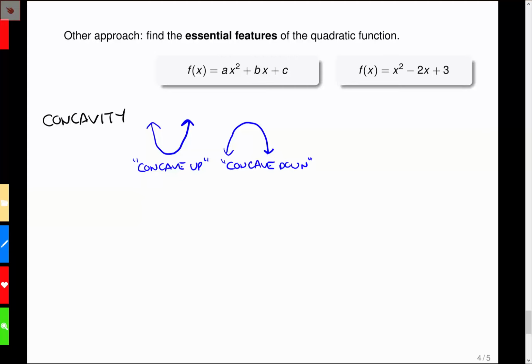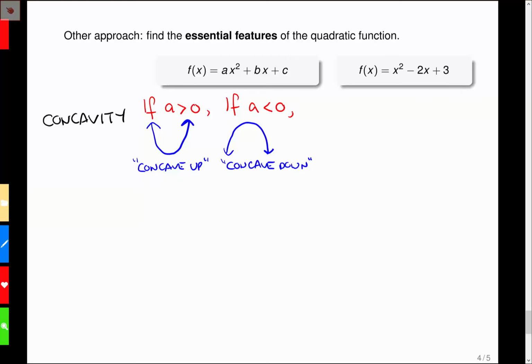Generally, it's the leading coefficient, that is, the number multiplying the x squared, that determines whether the parabola is concave up or down. Specifically, if the leading coefficient is positive, then the parabola is going to be concave up. And if it's negative, then the parabola is going to be concave down.